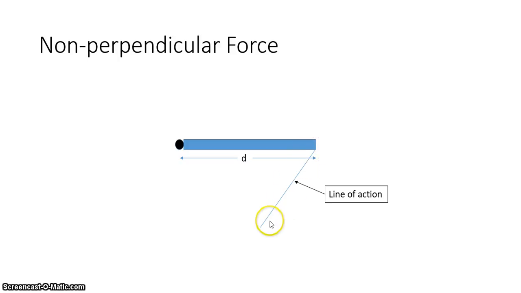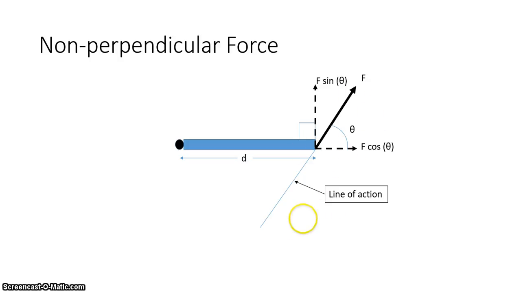Instead of leaving the force vector right here, we will go along the line of action and apply the force up in this area. It's still within the same line of action, which means it's practically the same thing. So this is what we mean by applying the force within the line of action.